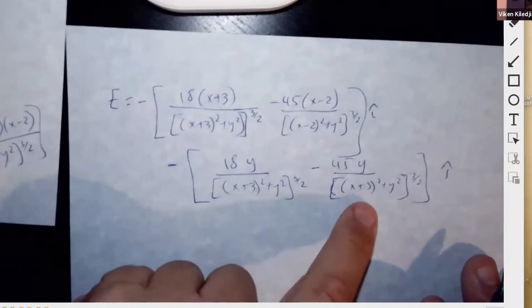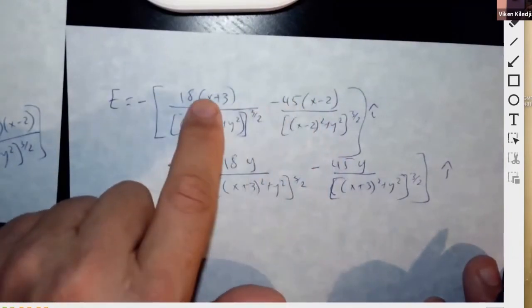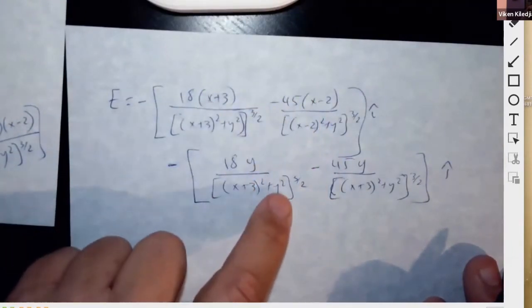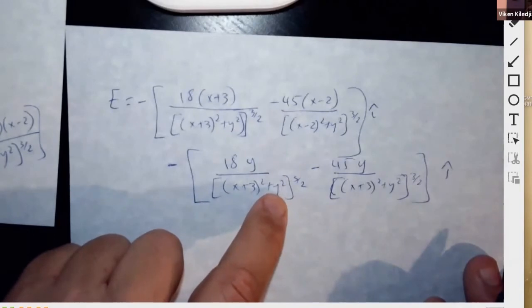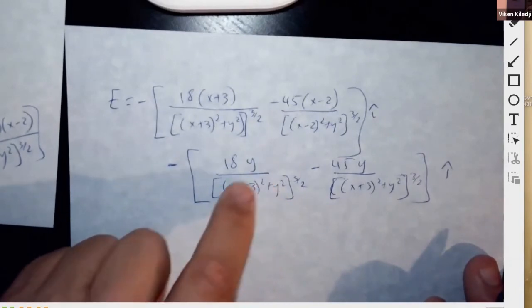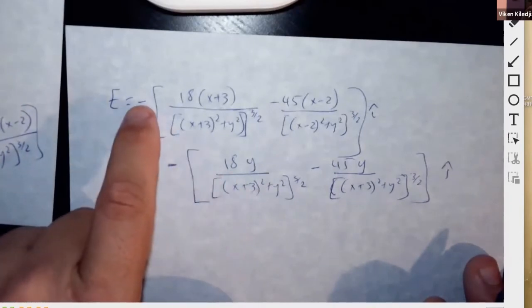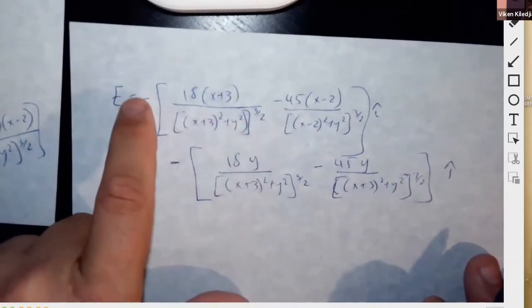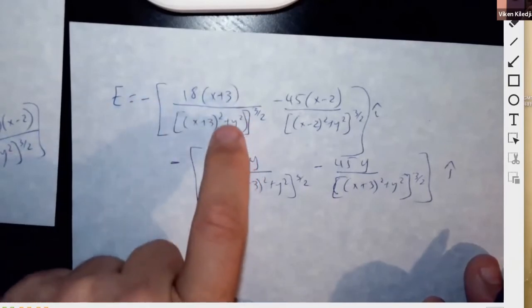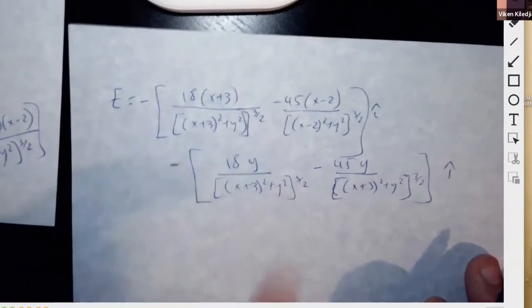So it looks very similar to the x equation. It's the derivative of the voltage with respect to y while holding x constant, right? Now, the last step would be to distribute that negative, the negative dV/dx, negative dV/dy, right?